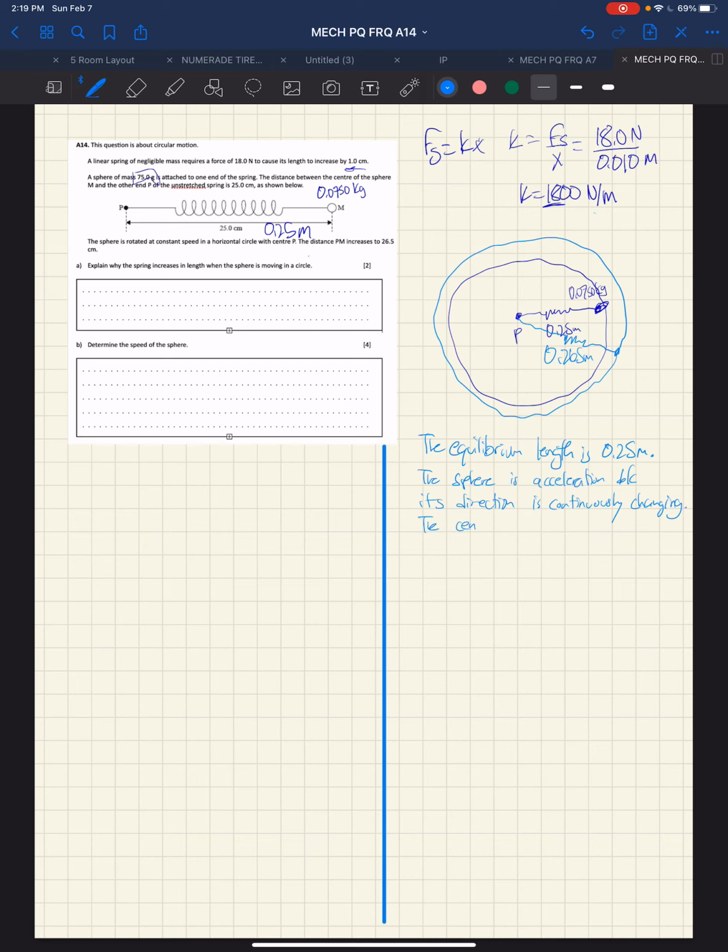The centripetal acceleration is caused by a centripetal force that comes from the spring.